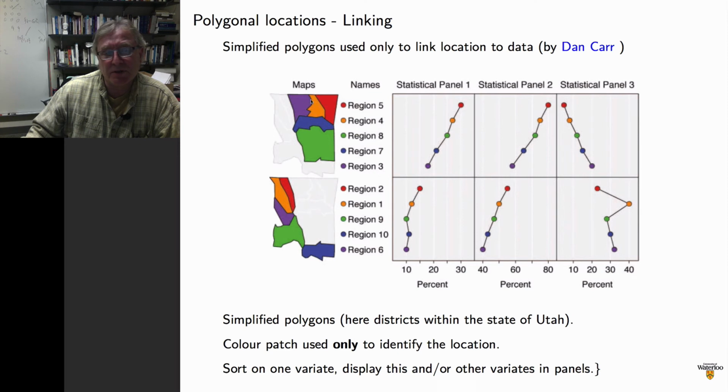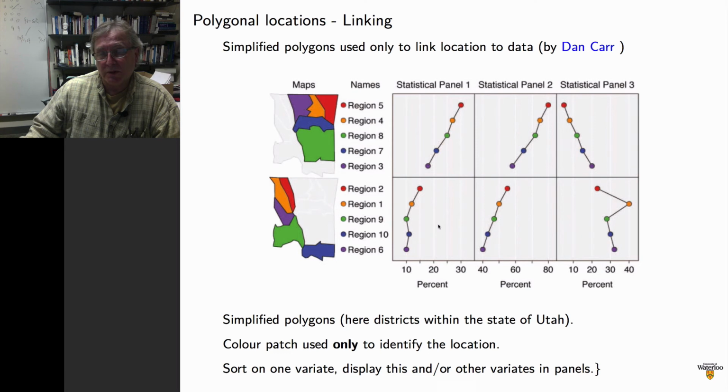All that we're using this color for these different regions in Utah is to identify which region we're talking about. So region 5 is this red, region 4 is orange, region 8 is green, etc. And there's no other measurement encoded on here except to look up which region is which. So it's easy to find where it is on a map.